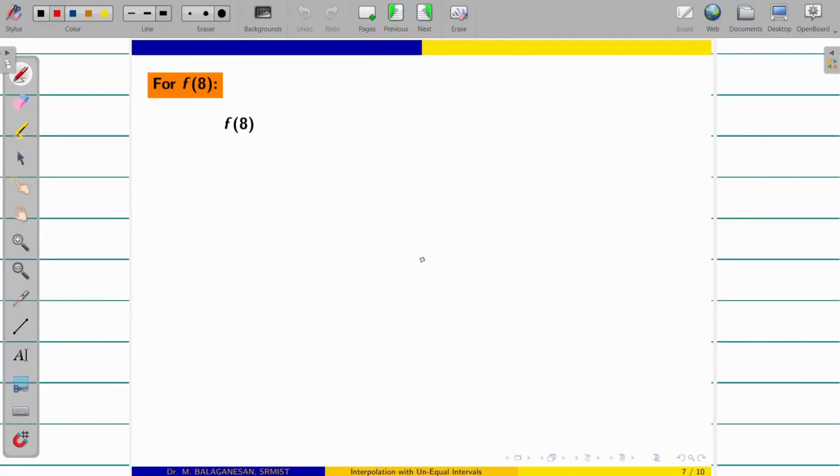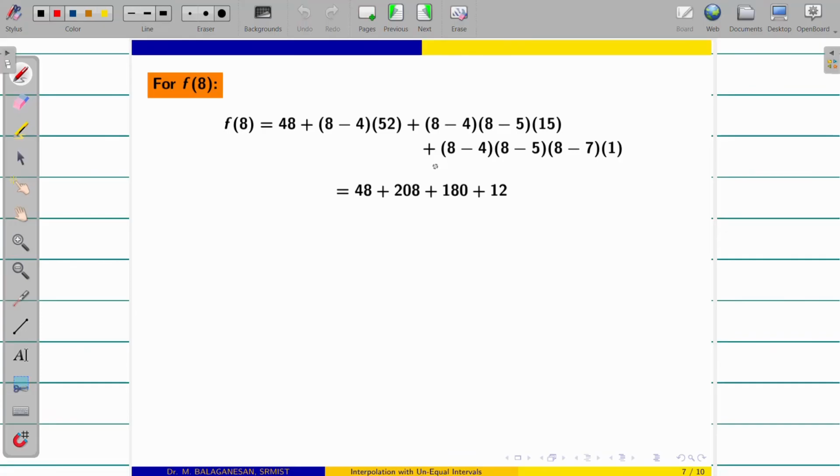Now come to the next one. F of 8. In that formula, in the place of x, we are going to replace 8. Look at that. In all the places, in the place of x, we replace the 8. Calculated.